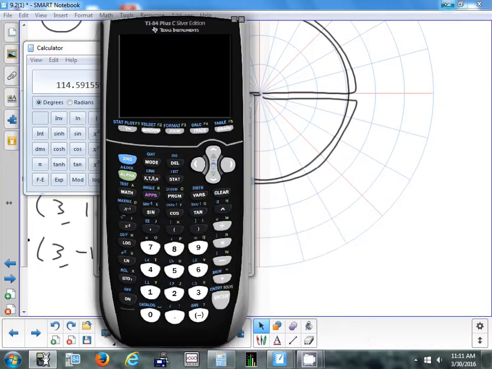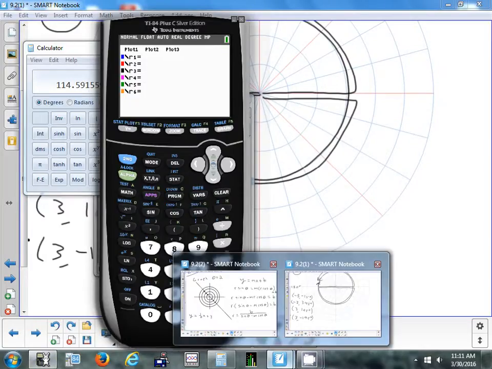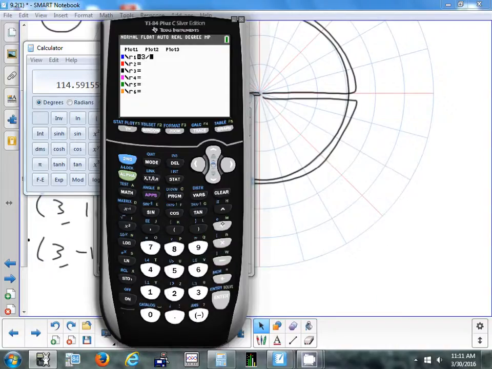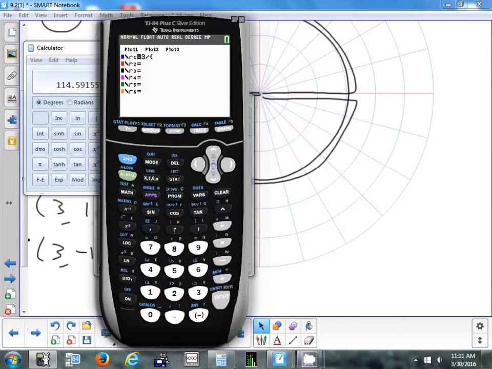Let's bring this back up. All right. So I'm going to type in, let's look at my equation. It's b, okay, what did we say the intercept was? 3. Divided by sine theta minus m cosine theta. So sine theta minus, what was our slope? 1/2. 1/2 m cosine theta.